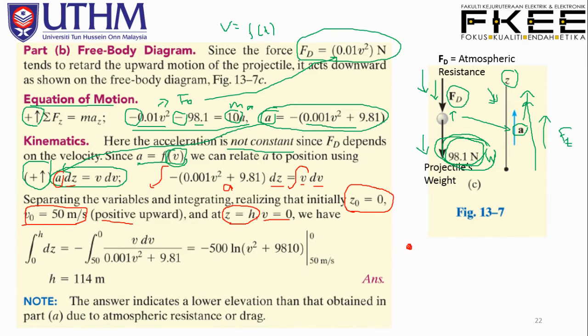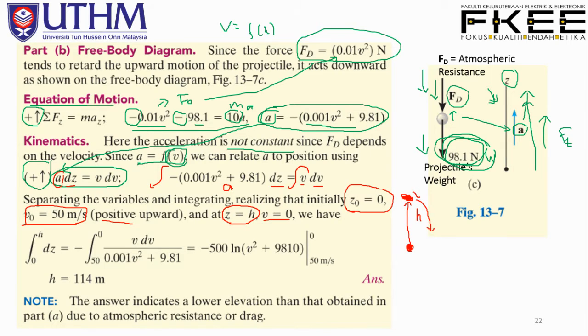Okay, so this projectile is moving upward, for example, up to this level, and this is the maximum h the steel or the iron ball may go before it starts to fall again.